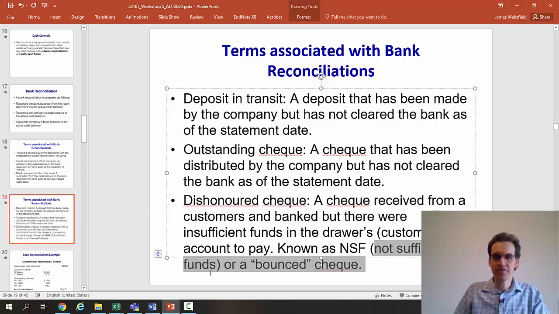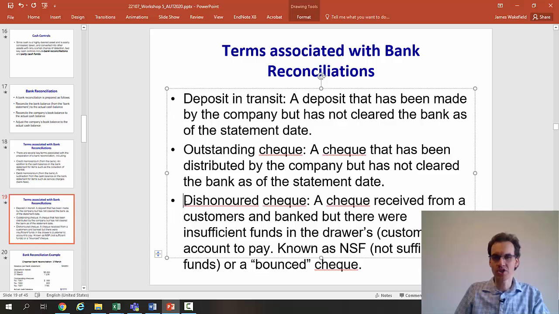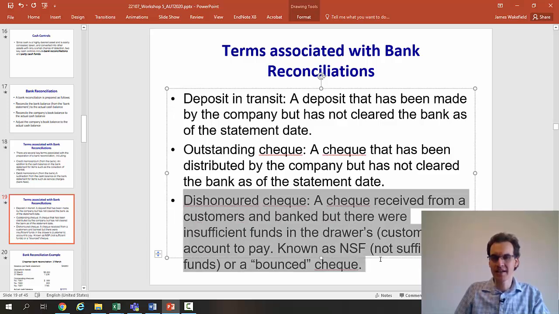So, not sufficient funds. And therefore, none of that amount that was written on that check is transferred to our account. Of course, as a business owner, we follow this up and investigate, but the end result, at least in the short term, is that we didn't have any money that we expected to be transferred into our account that relates to that particular check.